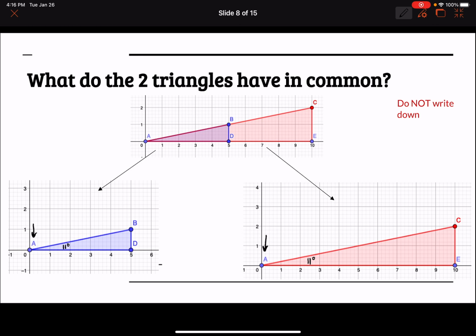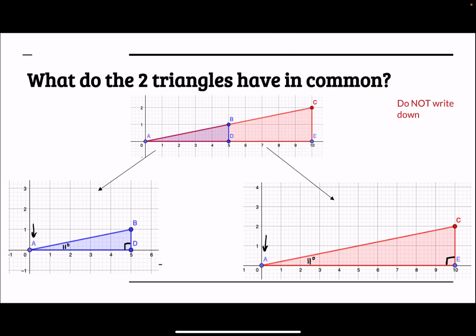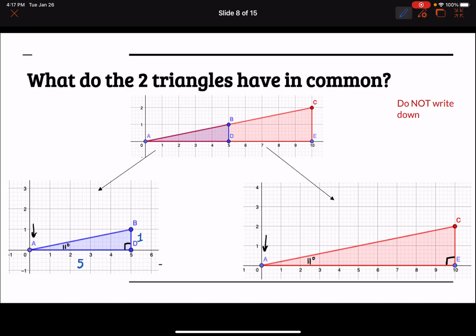They're also both right triangles. And from when we explored slope, we have 1 and 5, and 2 and 10.